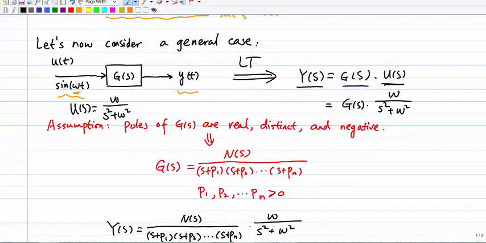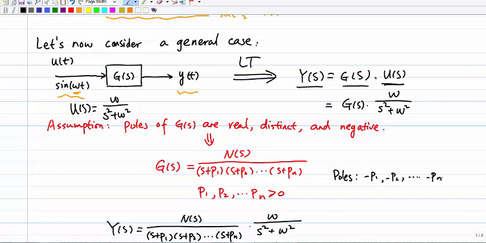Once we have that, we assume that G has real distinct poles, so we can write G(s) in this form: a numerator divided by (s plus p1) times (s plus p2), and so on, up to (s plus pn). So the poles of G(s) are negative p1, negative p2, and so on, up to negative pn.